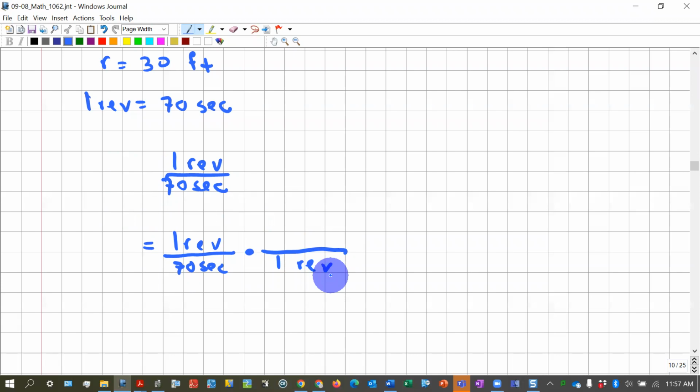But in terms of distance instead of angle, the car on the Ferris wheel is going to travel a distance of 2 pi times the radius. In other words, 1 circumference's worth of distance.